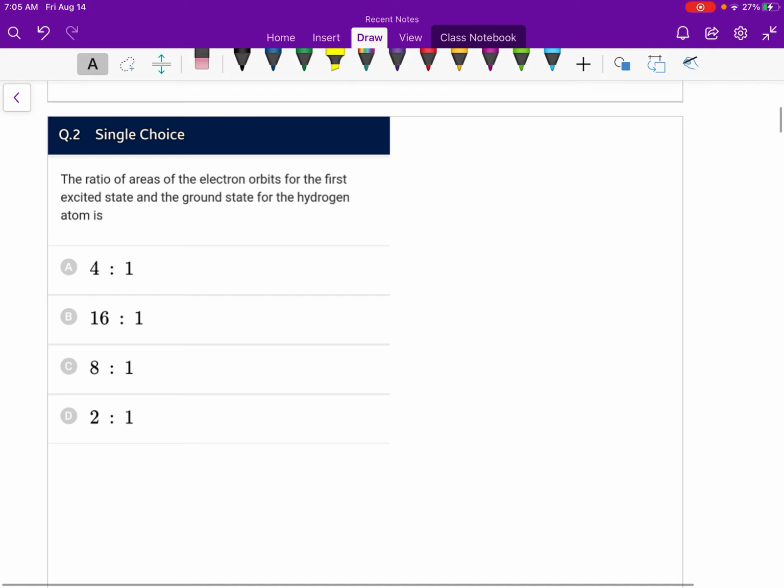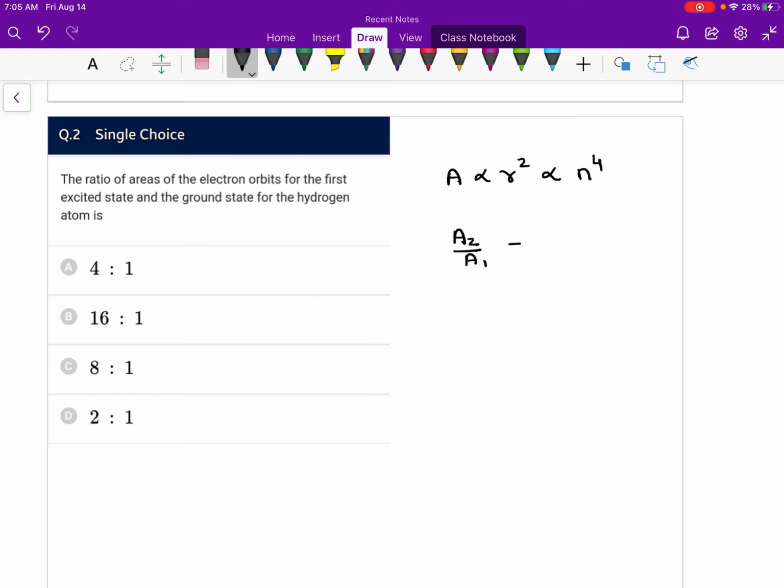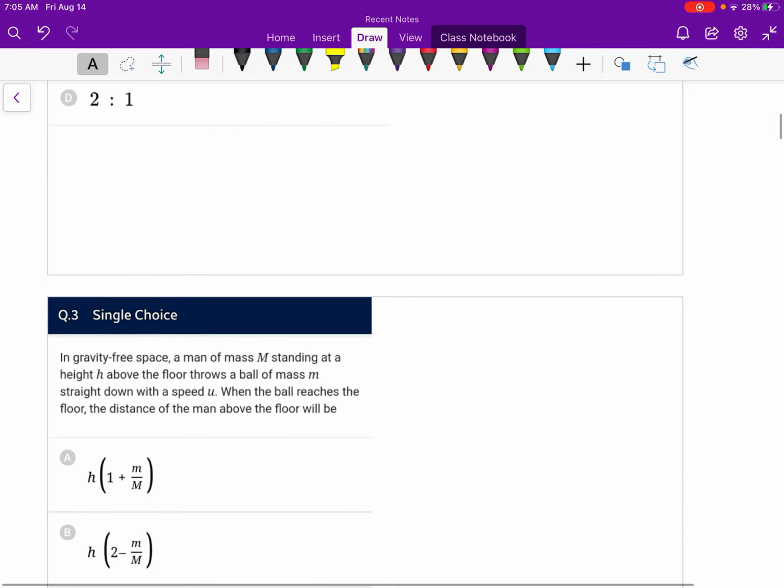Second question: the ratio of areas of the electron orbits for the first excited state and the ground state for the hydrogen atom. Area is proportional to r square and r is proportional to n square, so this is proportional to n to the power 4. So the ratio A2 upon A1 is 2 raised to power 4, that is 16:1. So B is the correct option.